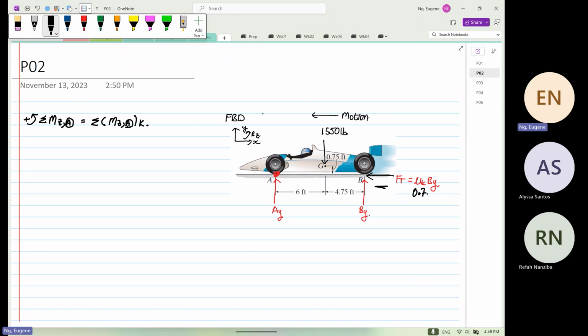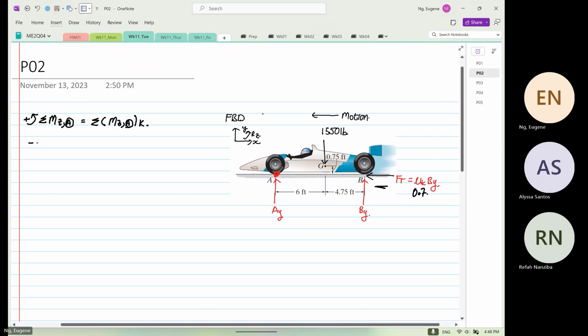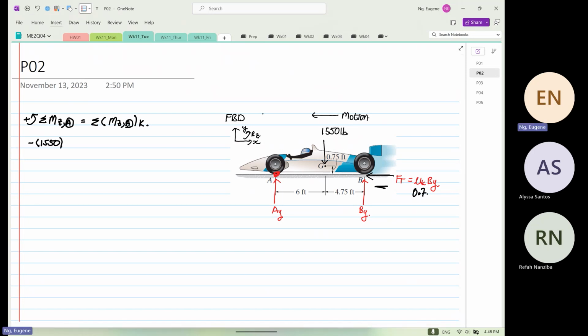So you will have 1550 going in a clockwise direction. Okay, so it will be minus 1550 multiplied by a perpendicular distance of 6. Then B_y is going anti-clockwise. So plus B_y multiplied by 10.75.